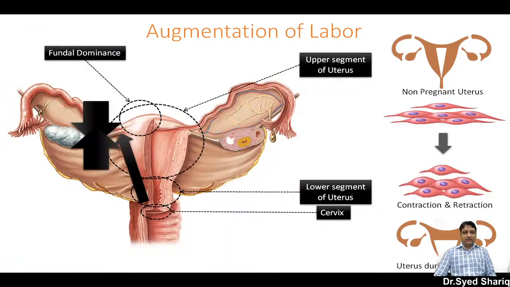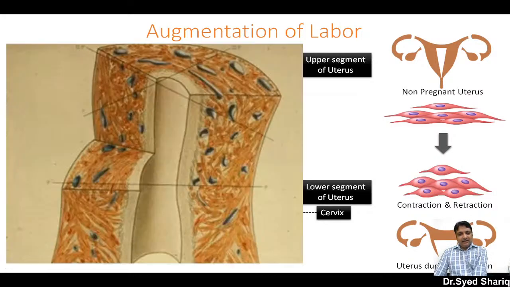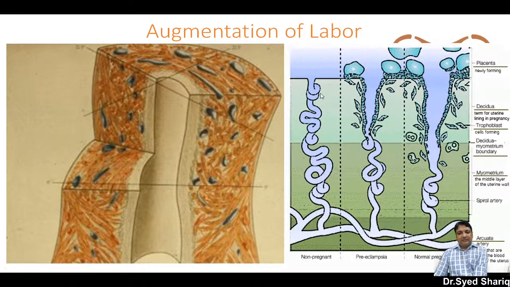When we see this myometrium, it is nothing but muscle, and it has a lot of muscle and a lot of blood vessels. If you see, this is a non-pregnant female, in which you can see a lot of tortuousness, and basically it goes and binds to the placenta. If the placenta is there, it will bind to the placenta.